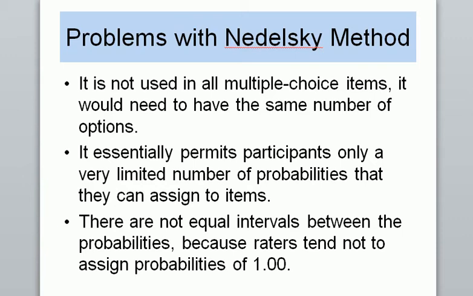So the number of options in multiple choice has been decreased so that they can assign probabilities to items. So, limited number of probabilities. Probability means chance of occurring.